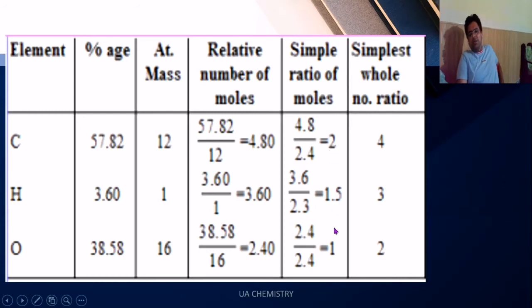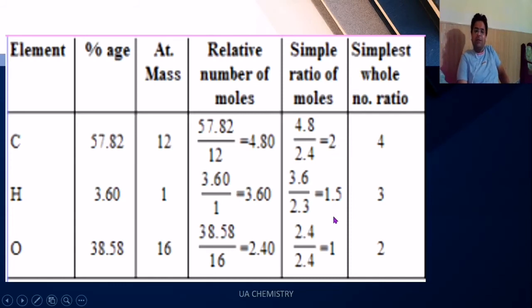As these two values are whole numbers, but 1.5 is a fraction, how can we convert 1.5 into a whole number? By multiplying by 2. 1.5 multiplied by 2 will be equal to 3, and 2 multiplied by 2 will be equal to 4. 1 multiplied by 2 will be equal to 2.